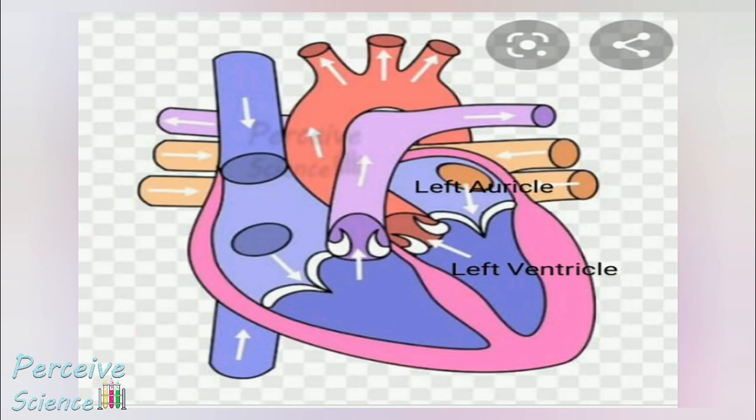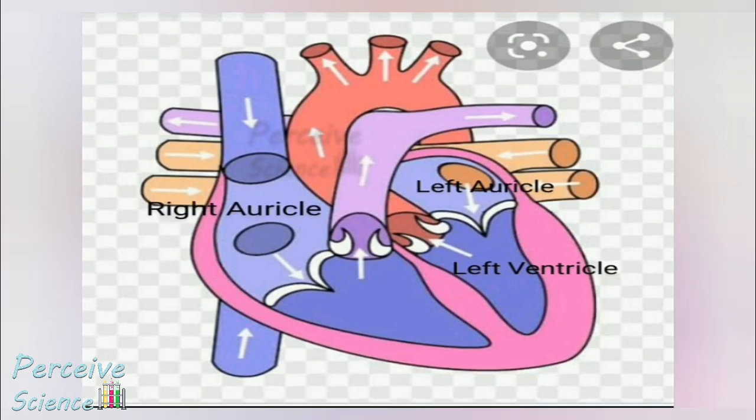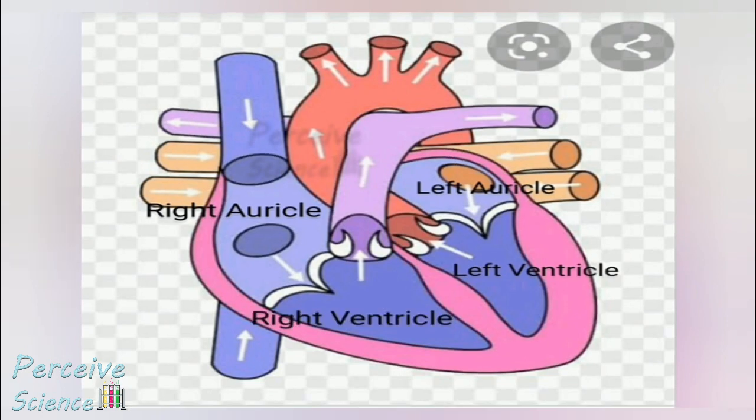Oxygenated blood flows through the left side of the heart, the left auricle and left ventricle. On the right side of the heart, the upper part is known as the right auricle and the lower part is known as the right ventricle. The right side carries deoxygenated blood that reaches the right side from the rest of the body after the body cells and tissues consume the oxygen present in the blood.